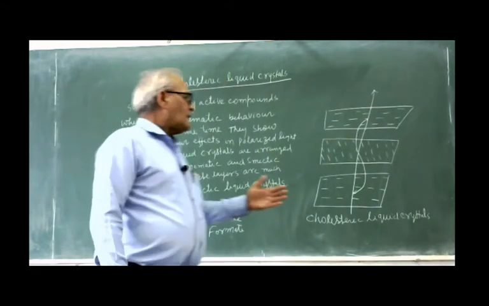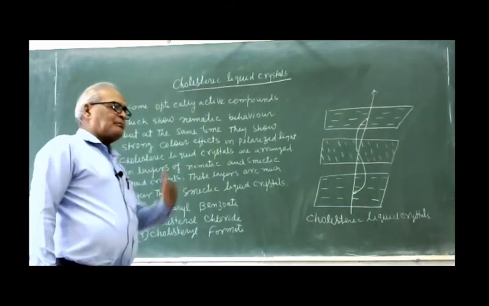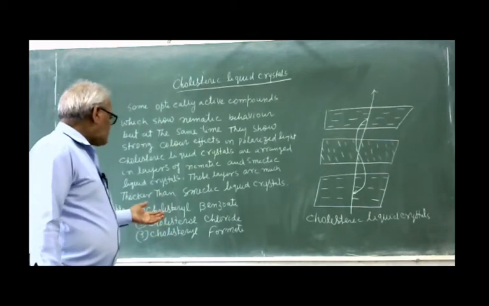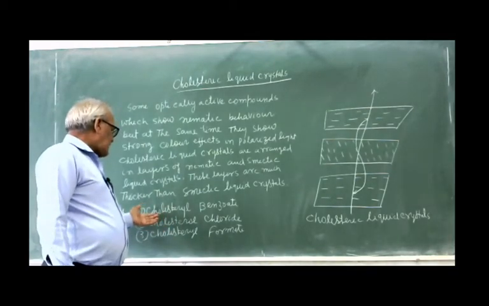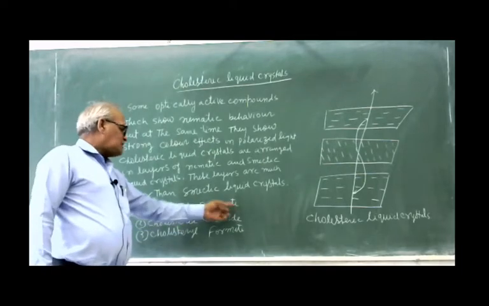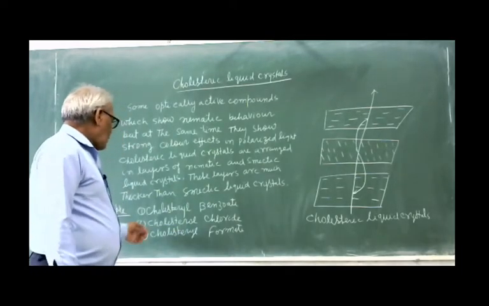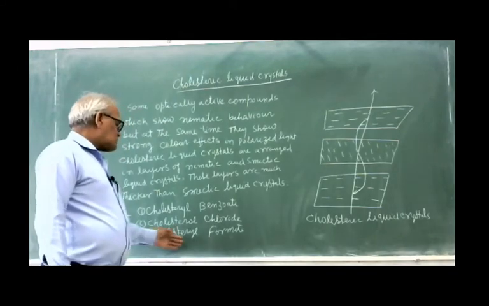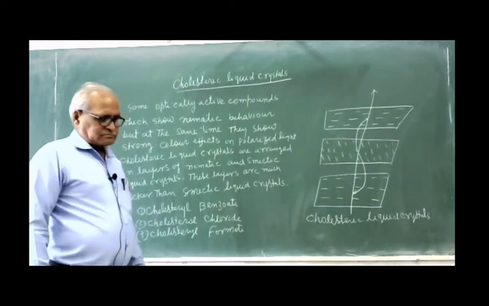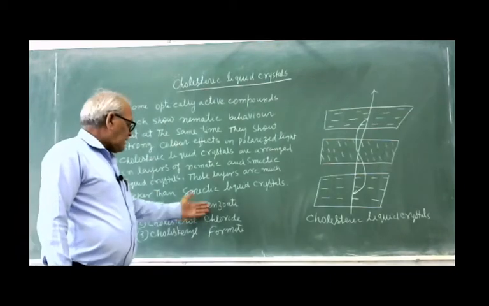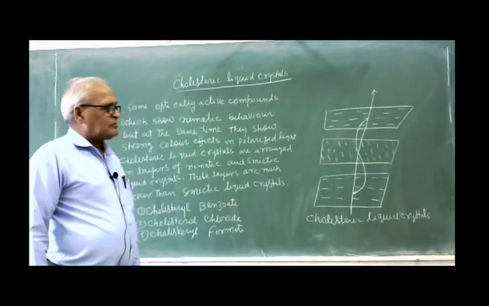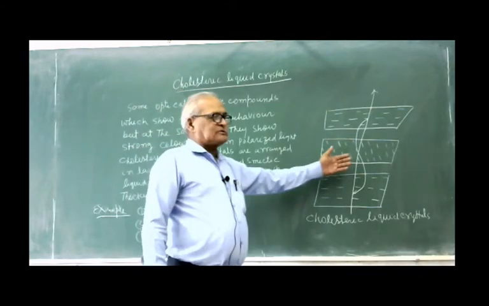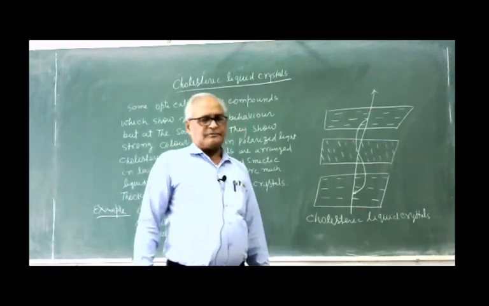So here there are some organic, optically active compounds such as cholesterol benzoate, cholesterol chloride, cholesterol formate. These compounds give cholesteric liquid crystal on heating.